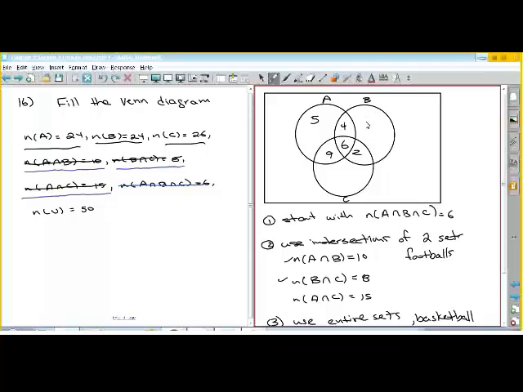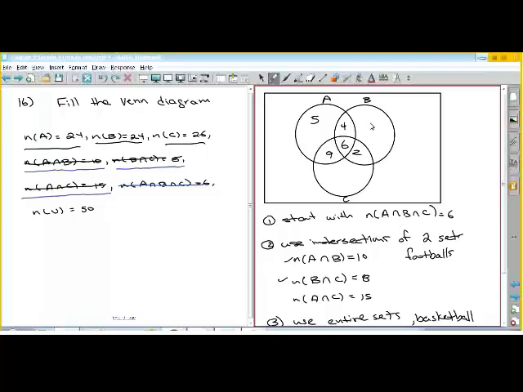So how many are in this part that I haven't filled out? So it's 24 total. How many do I already have? So what's the total here? These three numbers added together. You do that in your head? 12, okay.